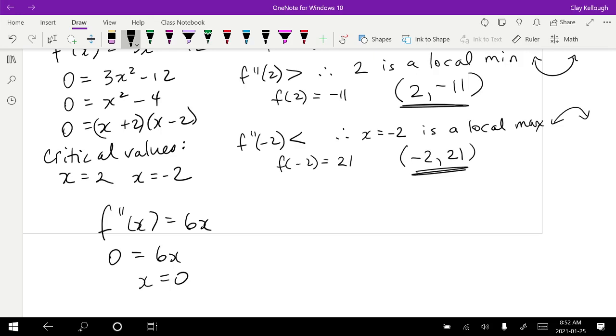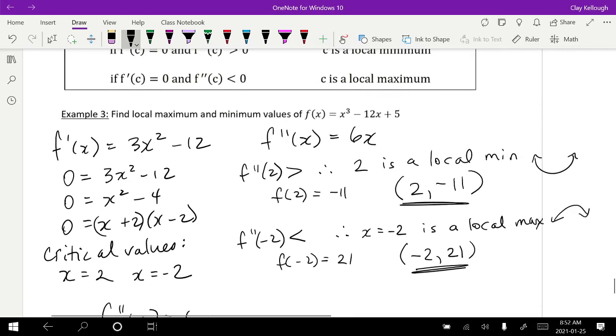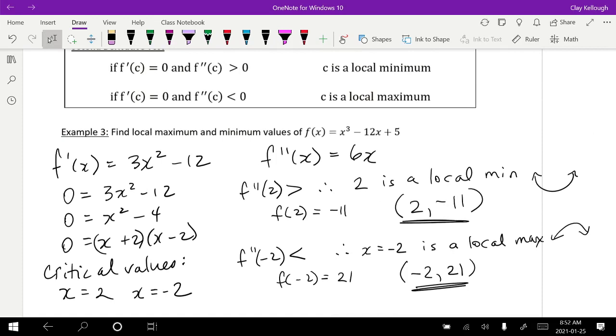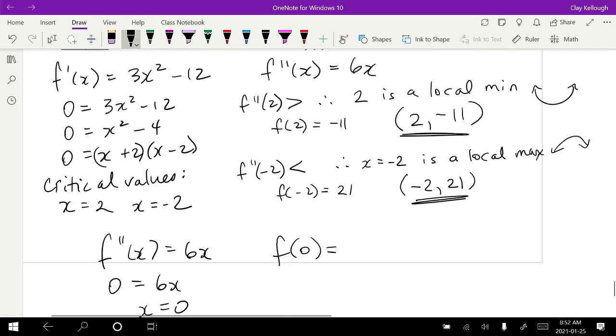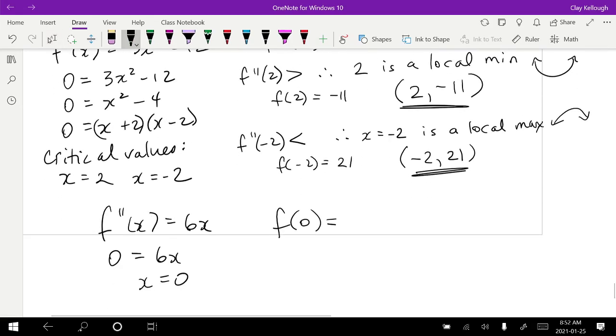Now, unlike the last example, where we couldn't even have 0 because it was an asymptote and didn't exist there, this function is cubic. It definitely exists when x is 0. So what is f of 0? f of 0 is 5. So therefore, 0, 5 is an inflection point.